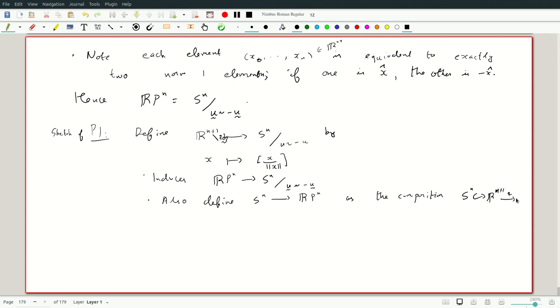And we have a quotient map to RP^n. Okay, and then we are done. So we have this, and then this induces, well, you see that if two things are negatives of each other, they give you the same image here. It induces the map from S^n by u is equivalent to minus u to RP^n. And these maps are inverses.